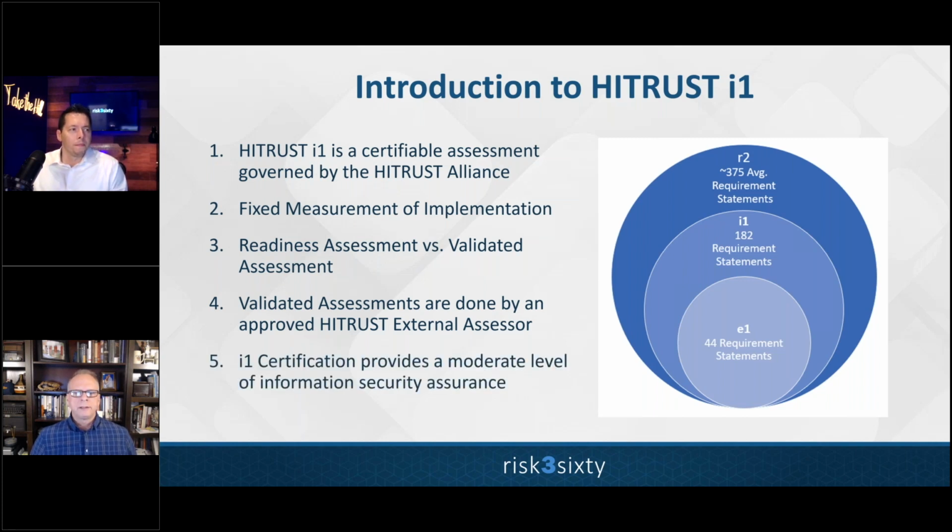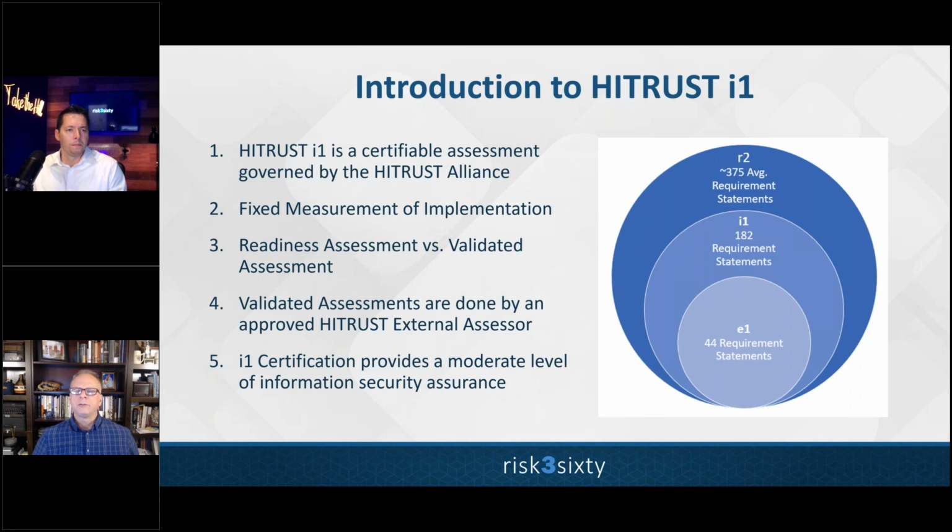So the I1 offers a fixed measurement of implementation as opposed to the R2, where you scope it out based on your size and number of records. The HITRUST MyCSF interactive portal for the I1 version 11 was updated in January of 2023. This requires scoring and evidence for 182 requirement statements.